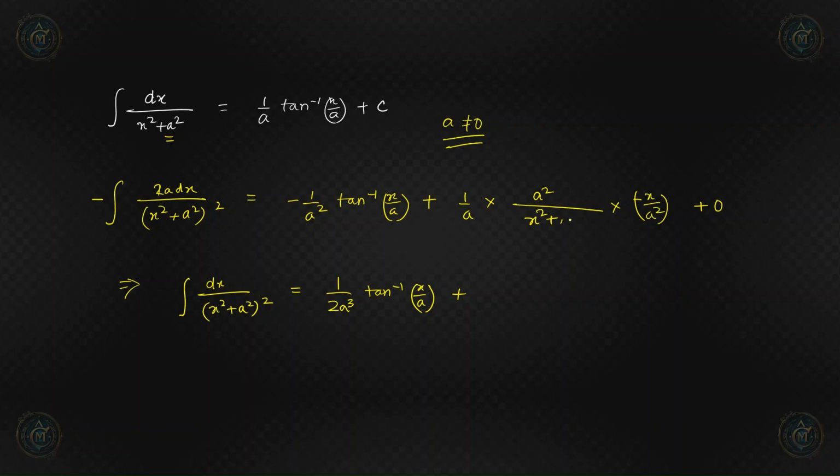Then we get x square plus a square here, and a square gets cancelled as a is non-zero. Then we have this 2a multiplied with this a here, so 1 by 2a square times x divided by x square plus a square. This is our answer.